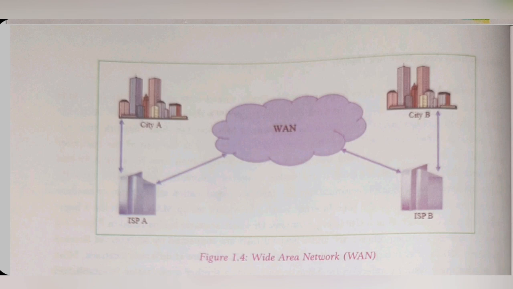We can say one ISP is Geo Fiber and ISP2 is Airtel Extreme. In city A, this one is Mumbai, and city B, this one is New York. Oh sorry, in New York we don't have Airtel, so it can be Vodafone. When we connect this way, it is called WAN, and the internet is the example of WAN.